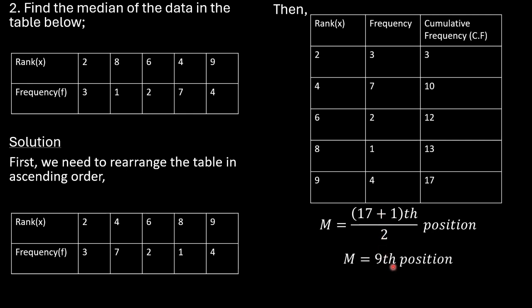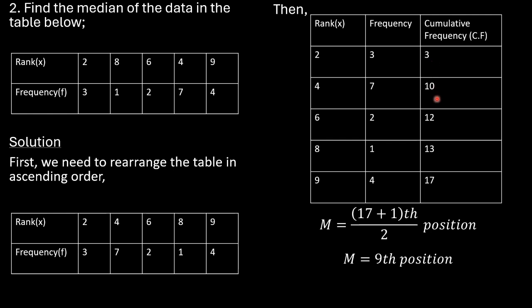Now, how do we trace it on the table that we are having here? On this table, we have the cumulative frequency on this side. Now, what does this mean? It means that 2 appears 3 times here.